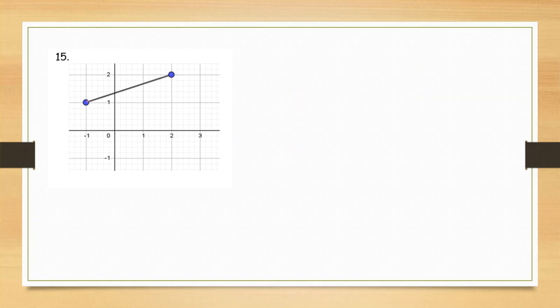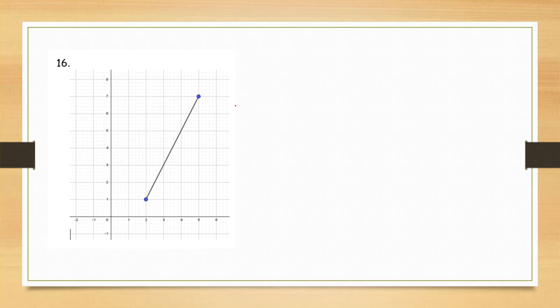This one's going back up again, so we should expect a positive number. The rise is 1. The run is 3. So our gradient is 1 over 3. Question 16. The rise, so again we want this right angle triangle.